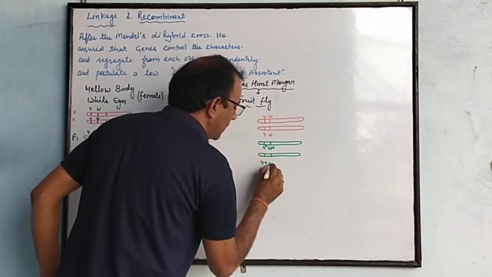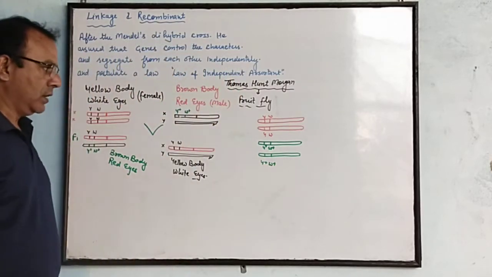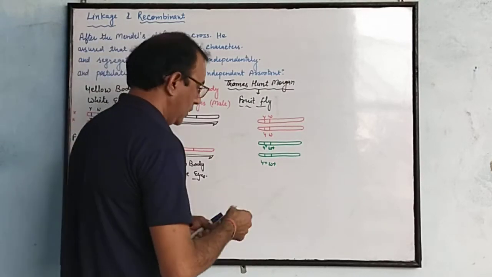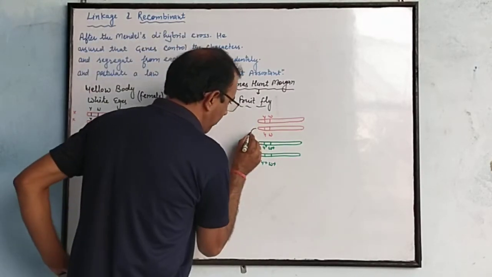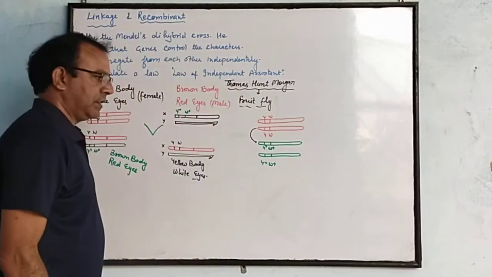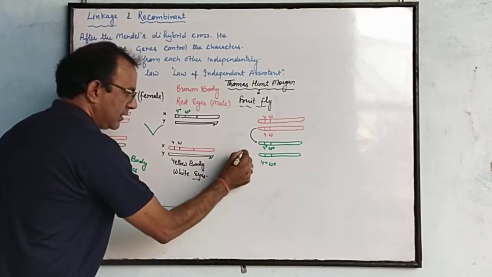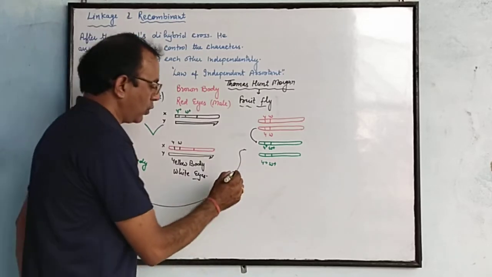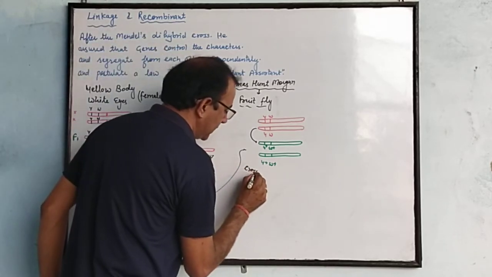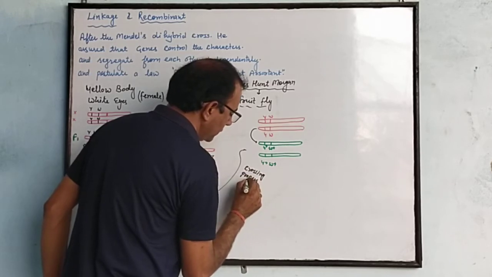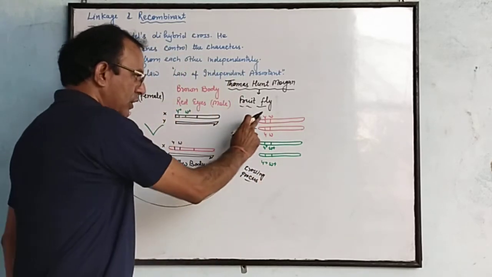Y plus W plus. The crossing process between the two non-sister chromatids. Then after replication takes place, the crossing process can take place. How is the crossing process?